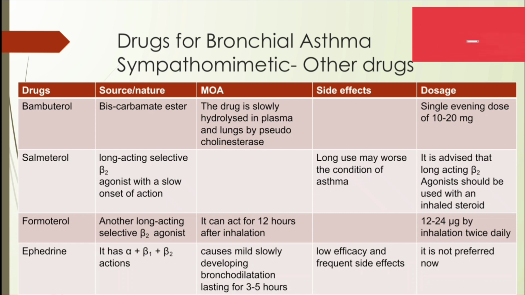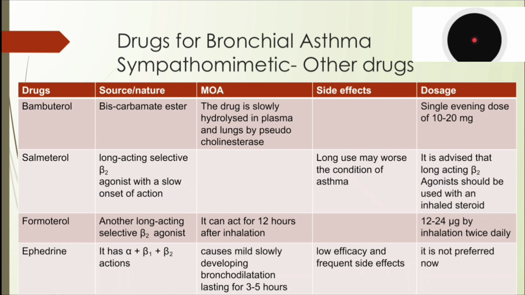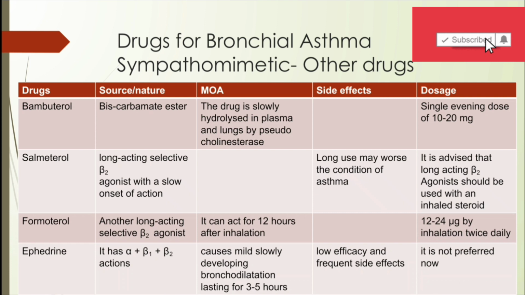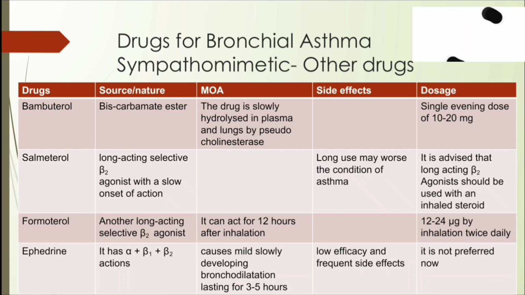Now let's have a quick remembrance of other drugs in the sympathomimetic group, that is bambuterol, salmeterol, then formoterol and ephedrine. The source of this bambuterol is a biscarbamate ester.